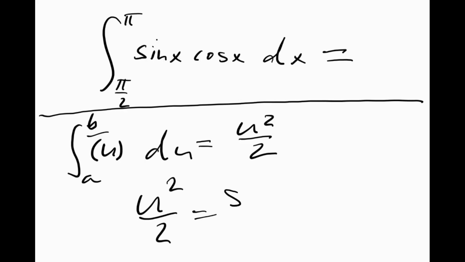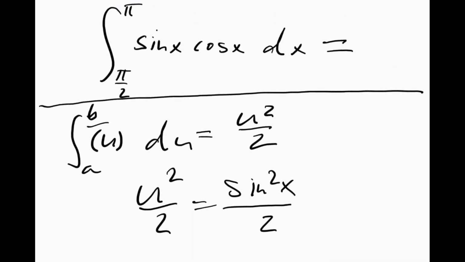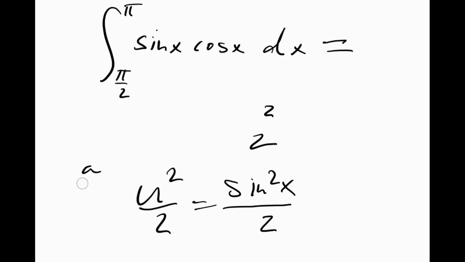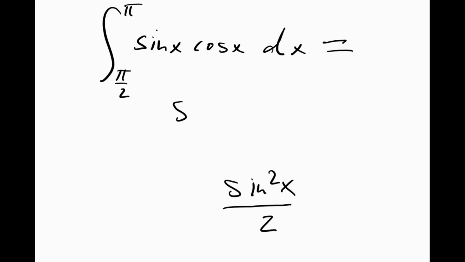That is sine squared x over 2, because u was set to be sine x. So that means that basically the antiderivative is sine squared of x over 2.